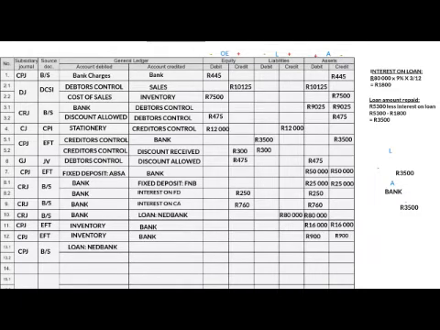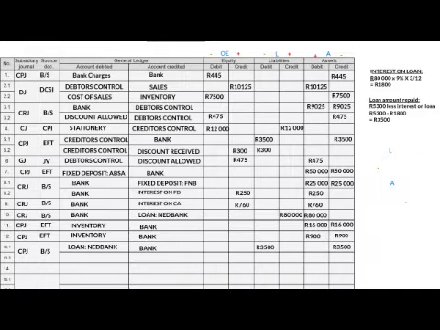The account credited is our bank account. R3,500 in the debit side of liability. And 3,500 Rand on the credit side of assets.